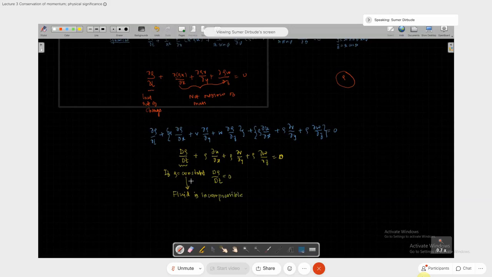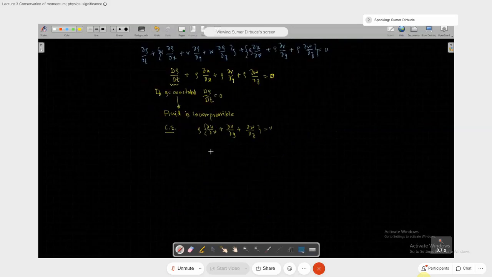So for an incompressible fluid, we can write the continuity equation, or conservation of mass equation, as ρ ∂u/∂x, and since ρ is common or constant, you can take it out, ∂v/∂y plus ∂w/∂z equals 0. Since ρ cannot be 0, ∂u/∂x plus ∂v/∂y plus ∂w/∂z will be 0.